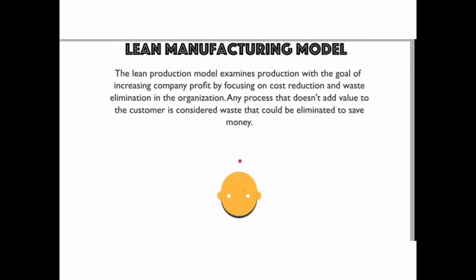The model examines production with the goal of increasing efficiency. The best example is the Toyota production system, since it is based on the just-in-time production model.